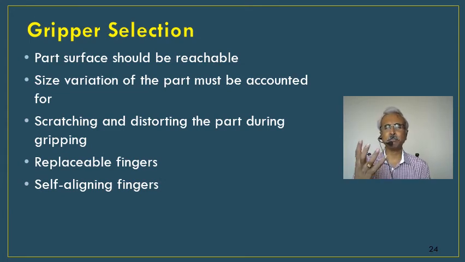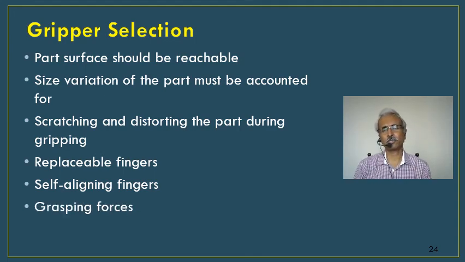That's the beauty of a human hand, right? You take a pen, it adjusts accordingly. Take a spherical ball, it automatically aligns. So your gripper must have that facility, like a human hand, with self-aligning fingers, so that the variation in the shape is accounted for.